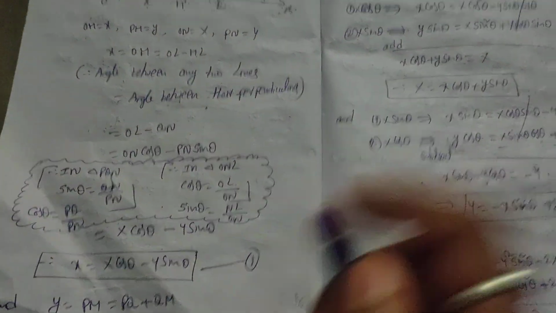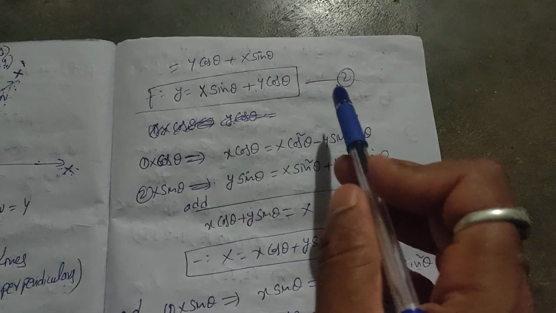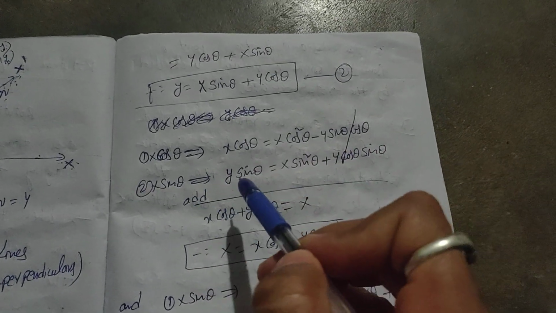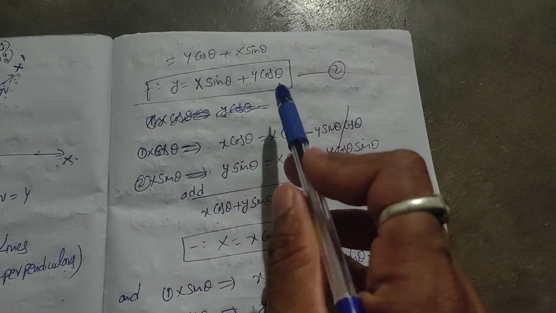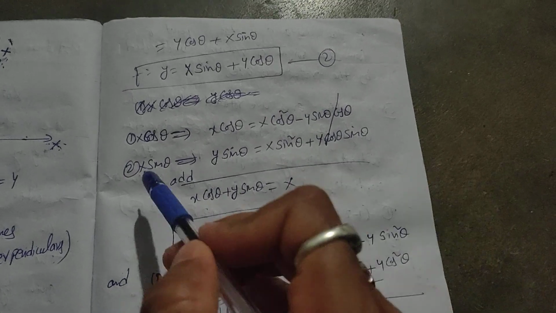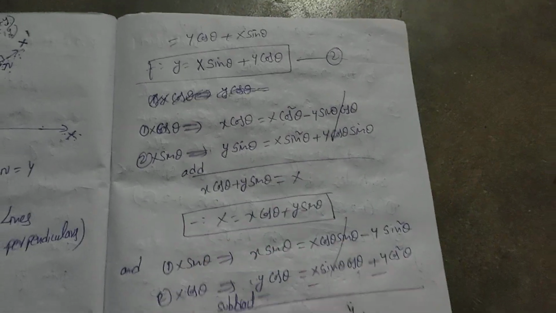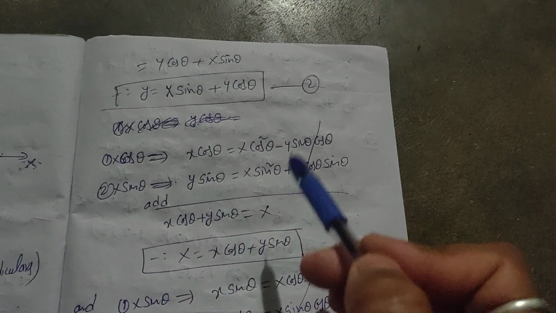And multiply equation 2 with sin theta. So you have y sin theta is equal to x sin square theta plus y cos theta sin theta. So this is the second equation after multiplying with sin theta. Now add these two equations.